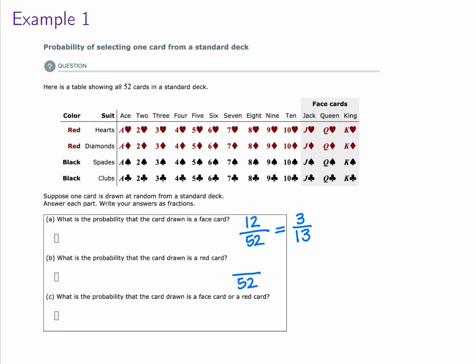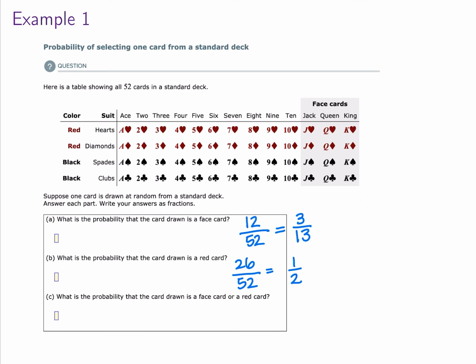So here it's asking, what's the probability that the card drawn is a red card? So for that situation, we want to look just at these top 2 rows that contain all the red cards. Well, how many red cards are in each row? Each one contains 13 cards, so 13 plus 13 is 26. So the probability of drawing a red card is 26 out of 52, or we can simplify that to 1/2.